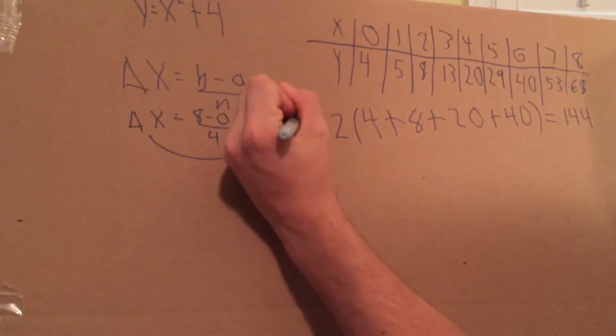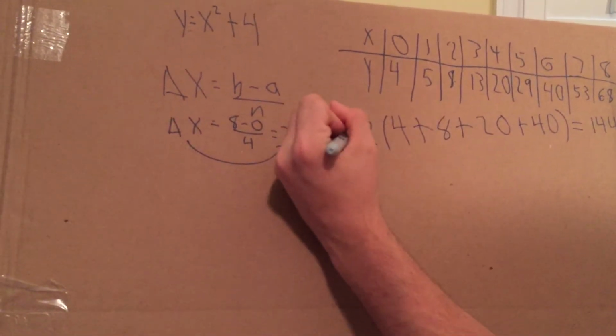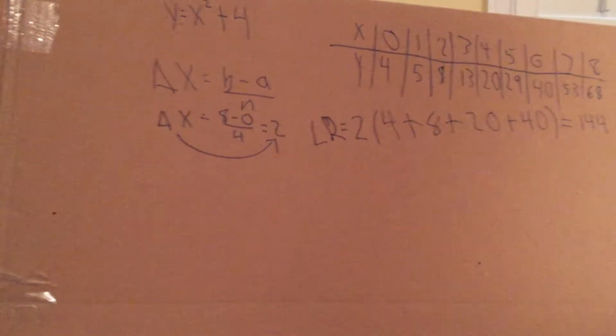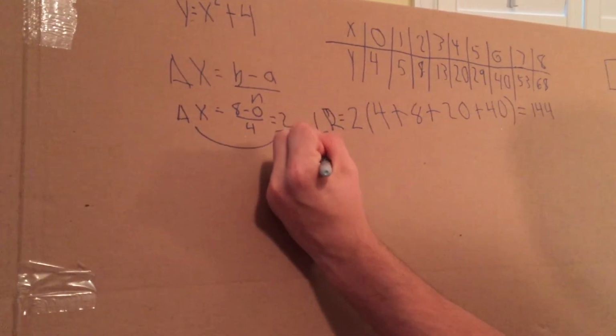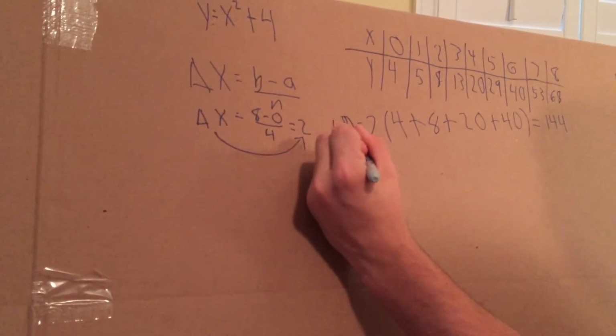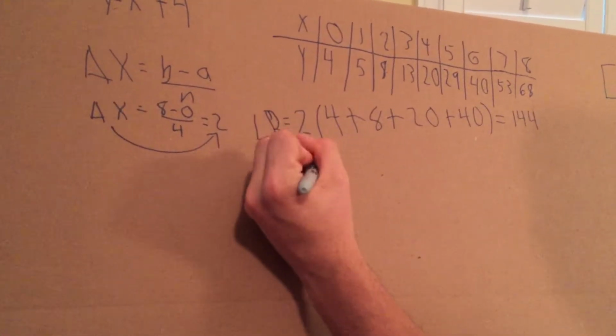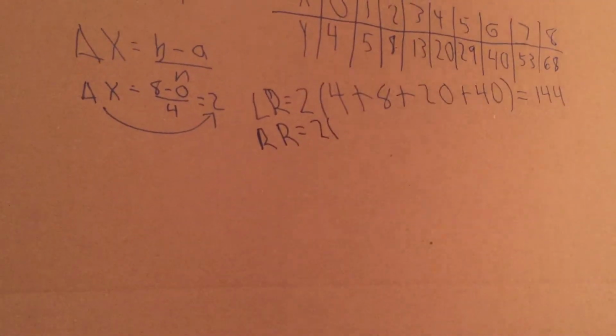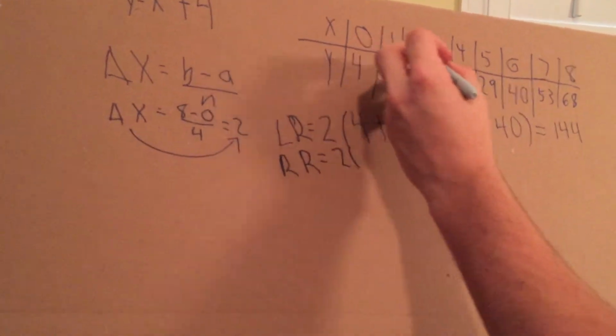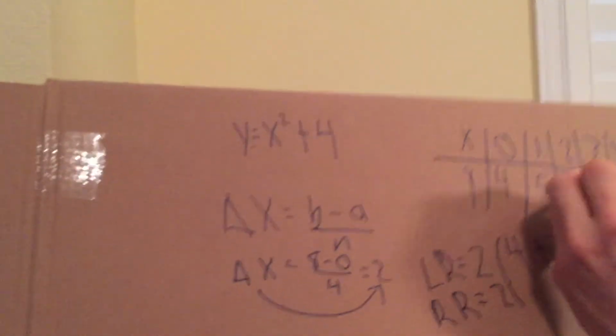And I will distinguish that with LR. Okay, so our right Riemann sum, RR, will be our change in x, that stays the same, times our first value. We're going to use the right value this time.